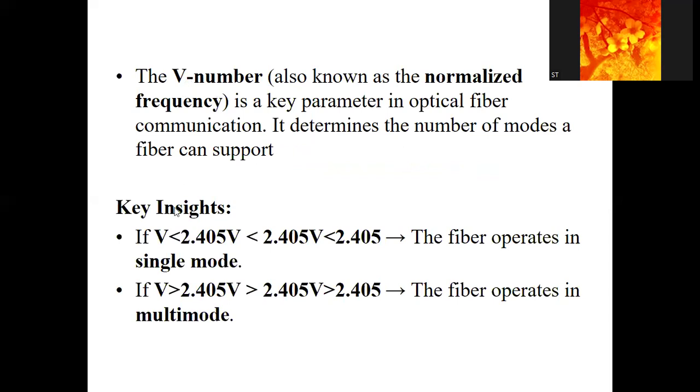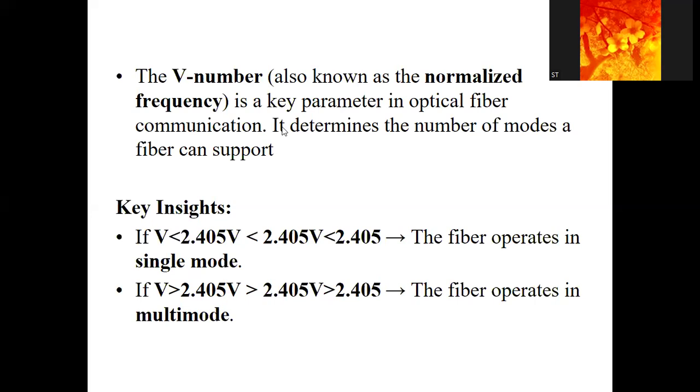We have already discussed this V number in the first chapter. Basically, the V number is a normalized frequency and is very important for optical fiber communication. It determines the number of modes that can be propagated in a particular optical fiber.